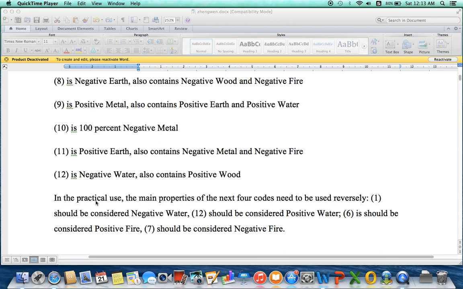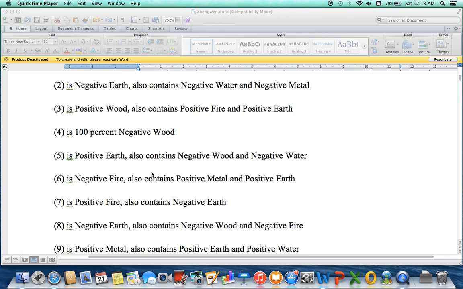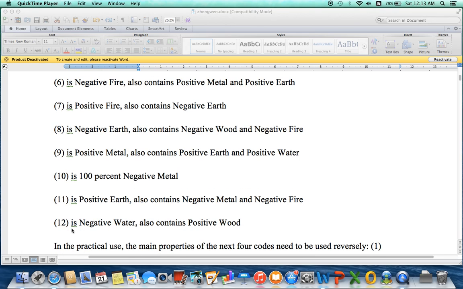And that's not all. In practical use, the main property of the next four codes needs to be used reversely: 1 and 12, and 6 and 7. So you can see here, 1 is 100% positive water, but in practical use, 1 is 100% negative water, and 12 is also reversed.